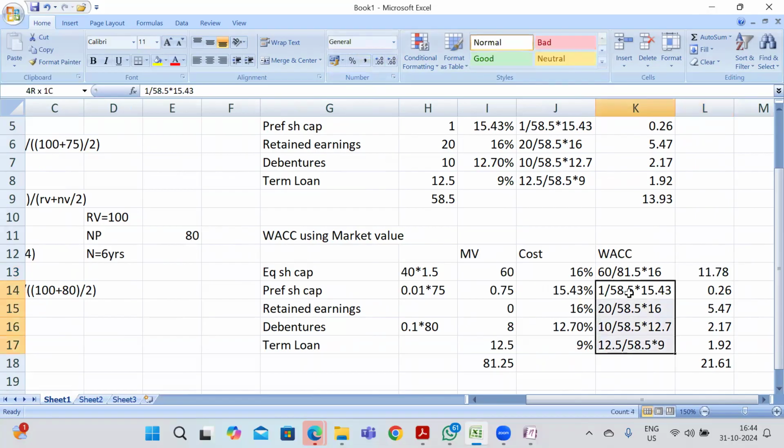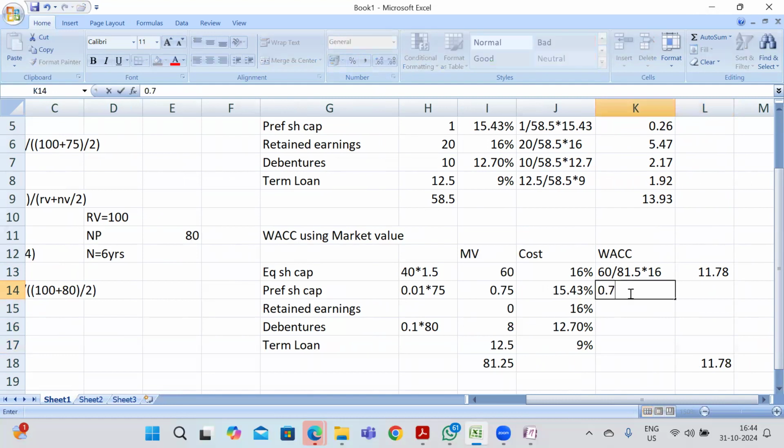Here it is 0.75 divided by 81.25 into 15.43.